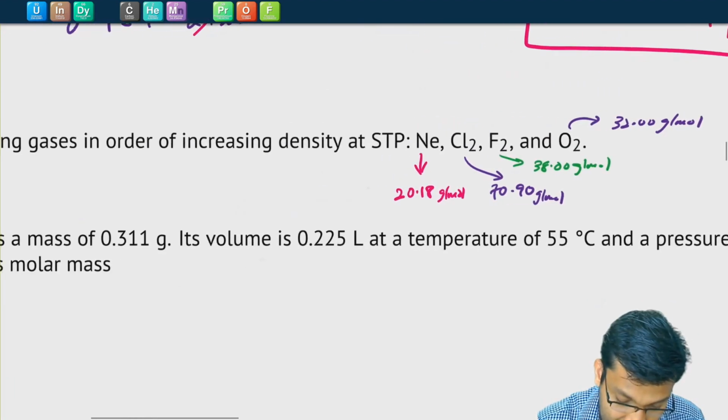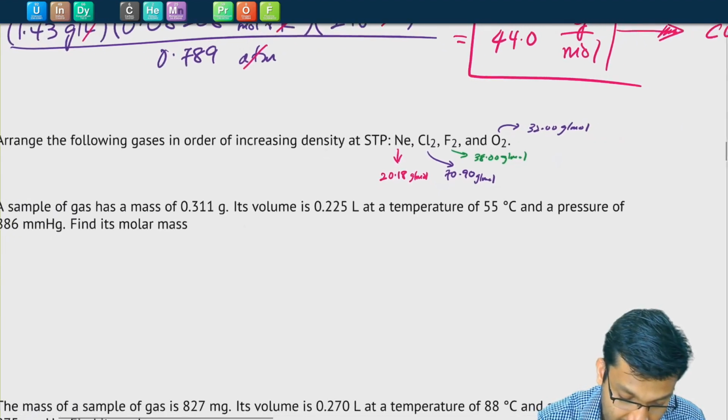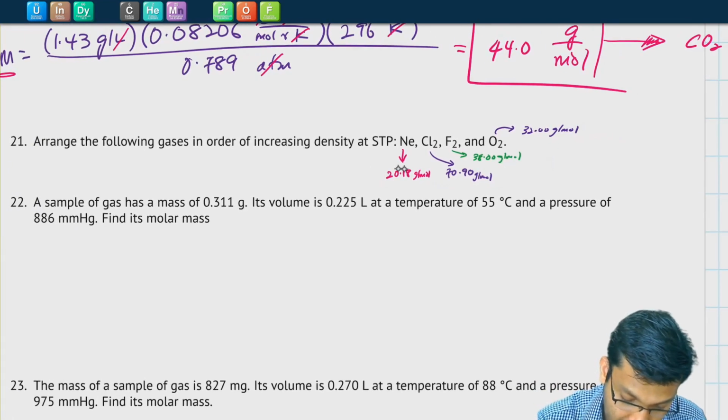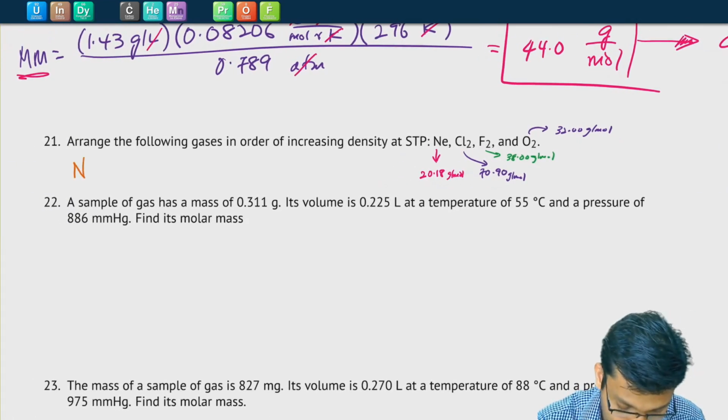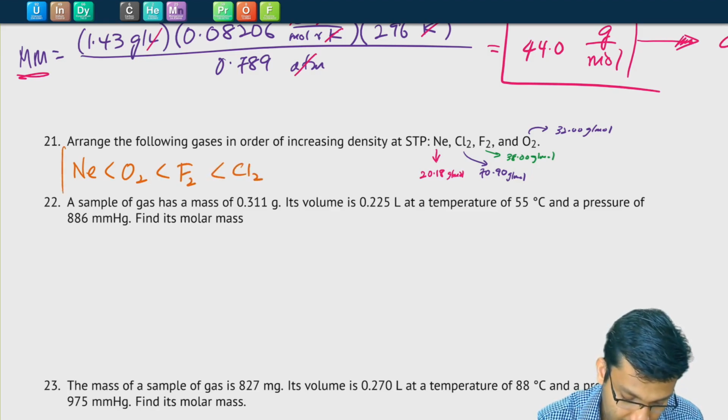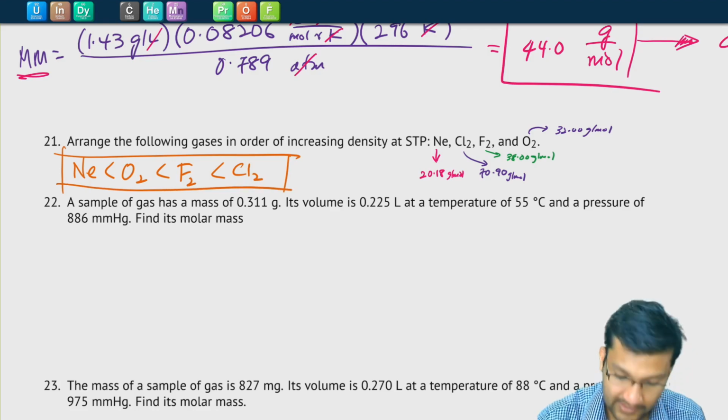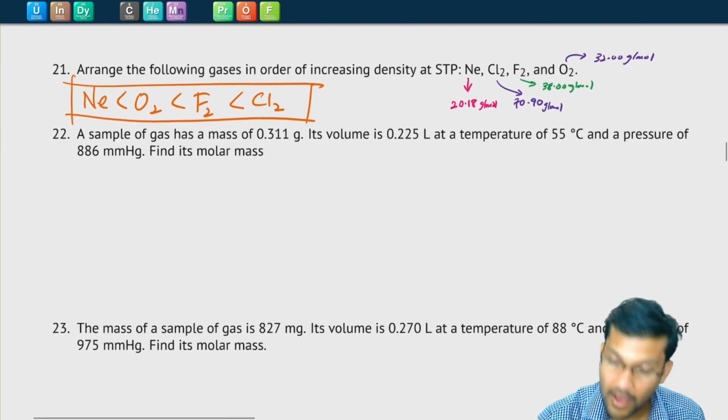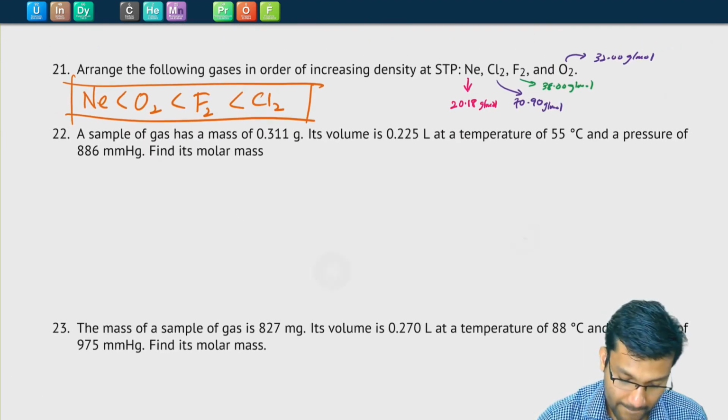So, in order of increasing density, it's the same as the order of increasing molar mass. The lowest we have is neon, followed by oxygen, followed by fluorine, followed by chlorine. So there we have it. These gases listed in increasing densities.